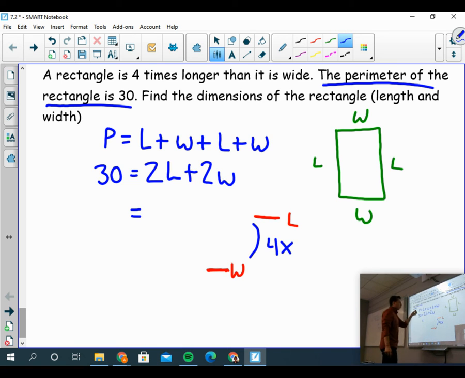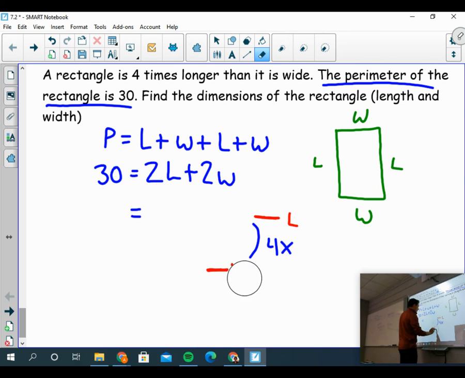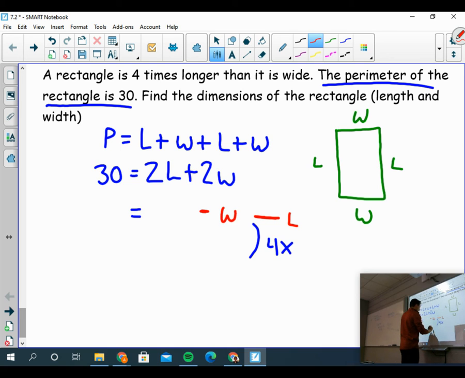But we want to set up an equation. What's the fundamental root word of equation? Equal. So how do I get them to be equal? Well, to be equal, if we look at this visual, I need to close the gap. I want to take my width and have it be equal to my length if I want to set up an equation. Well, how do I get width from being down here to up here?